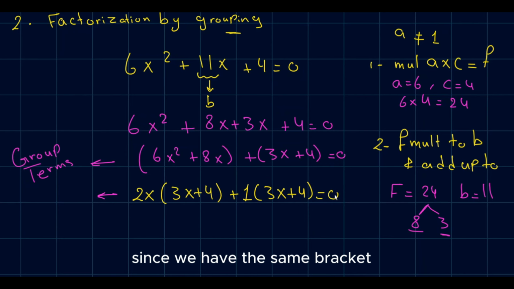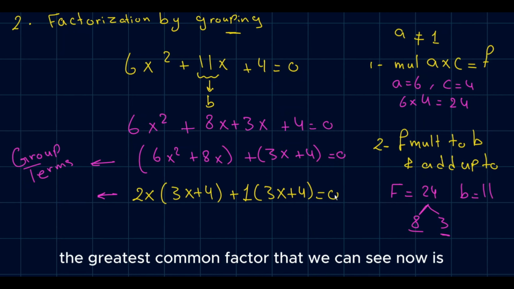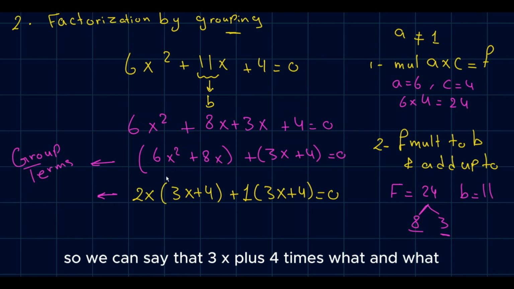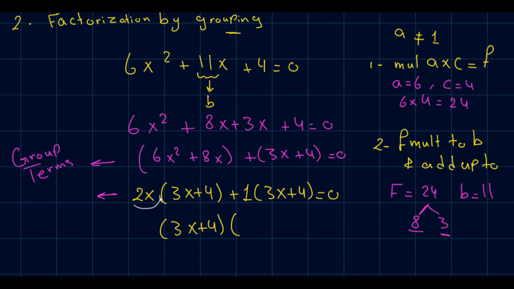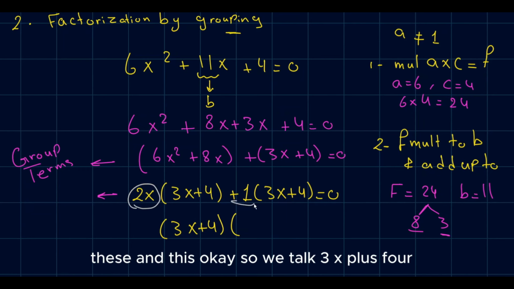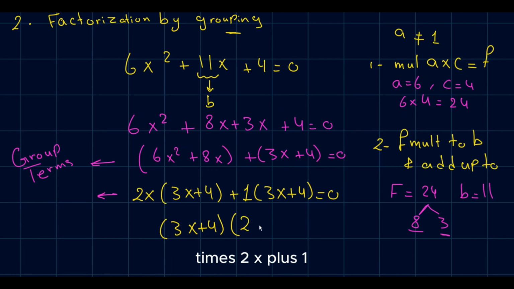Since we have the same bracket, the greatest common factor that we can see now is the bracket itself. So we can say that 3x plus 4 times what and what? These and this. Okay, so we took 3x plus 4 times 2x plus 1.